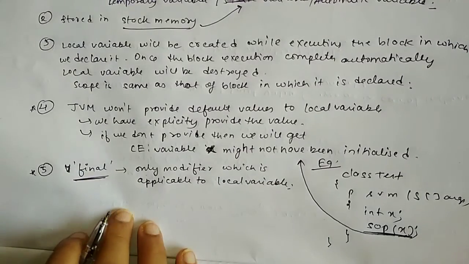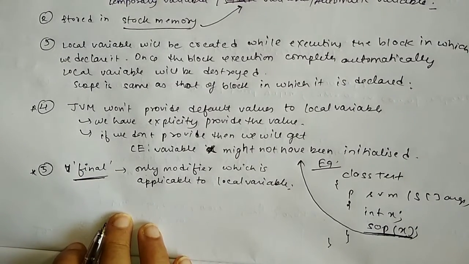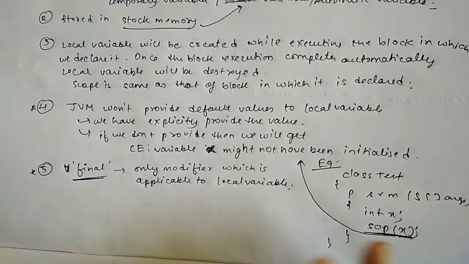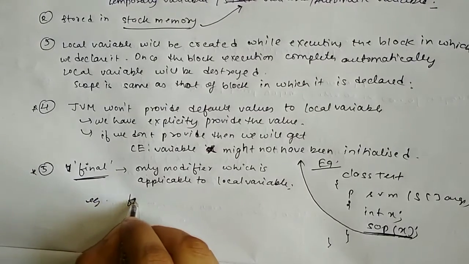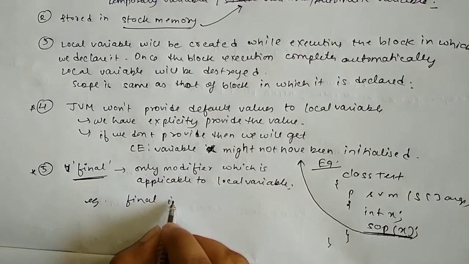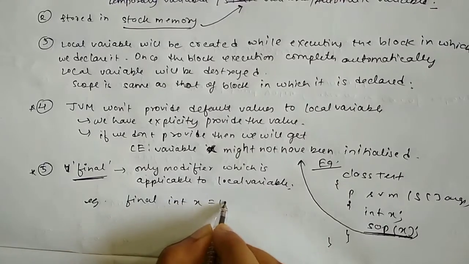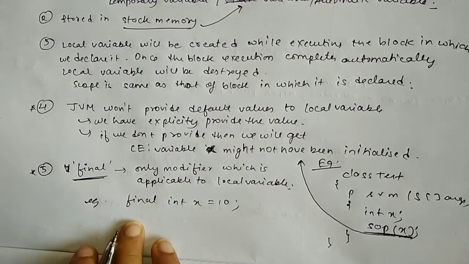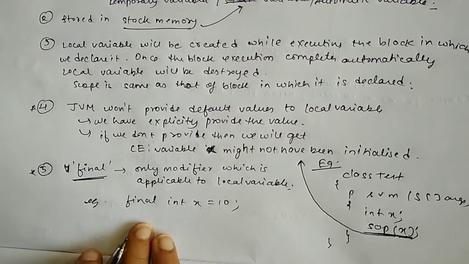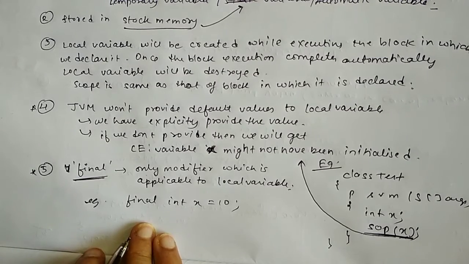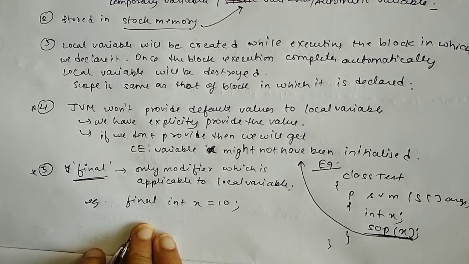If we use any other modifier, then we will get a compile time error. So the only applicable modifier for a local variable is final.